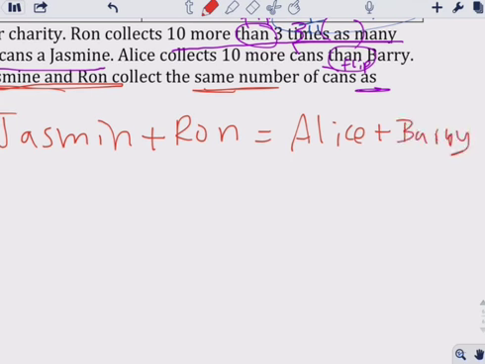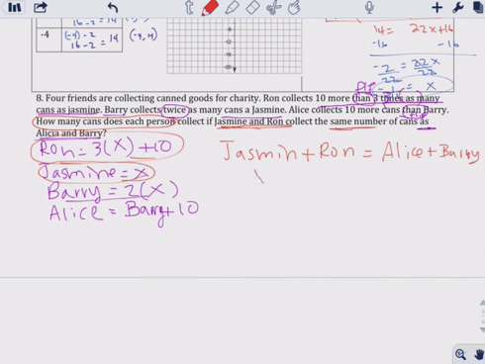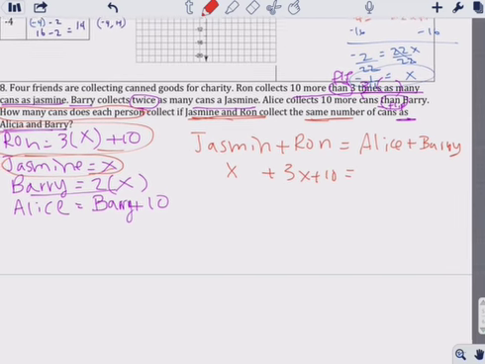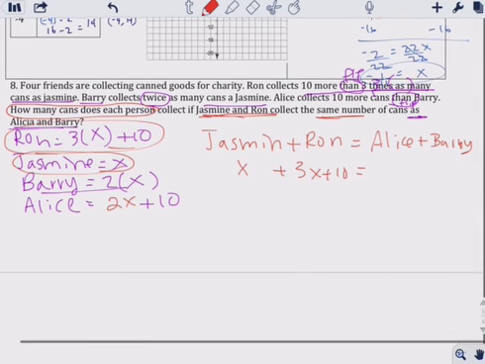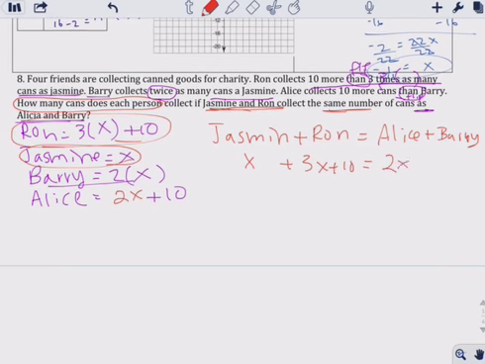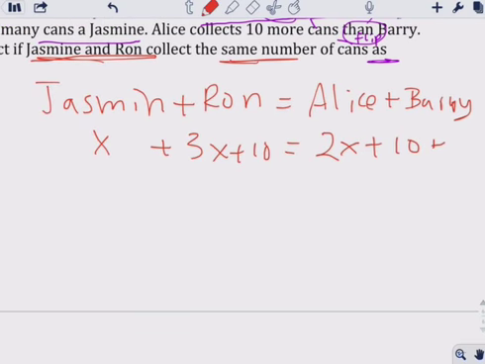Okay, let's look. Jasmine is x plus Ron, which is 3x plus 10, equals Alice, which is Barry plus 10, so that's 2x, sorry. Alice is 2x plus 10 plus Barry, which is 2x. 4x plus 10 on this side.